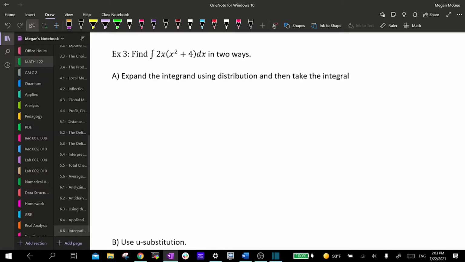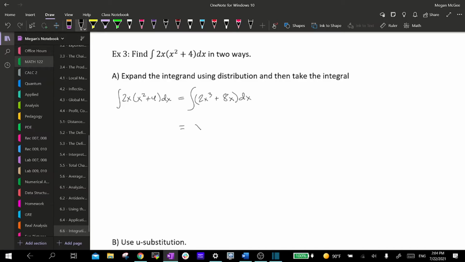So remember when we had that binomial to the 9th power, and I was like, go for it if you feel like it? Well, in this case, it's a little bit more feasible to go through and multiply everything out. So if we want to take our integral of 2x times x squared plus 4 dx, we can go ahead and multiply it out. So we have 2x cubed plus 8x dx. Well, this way we just have 2 different power rules that we need to use, and we can take this integral pretty simply, right?